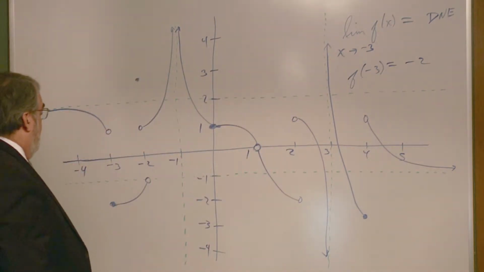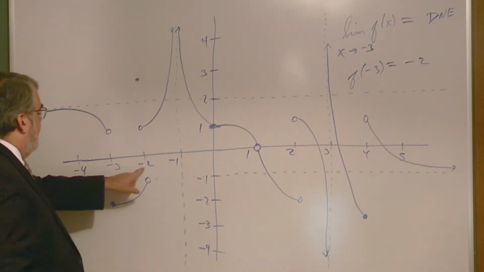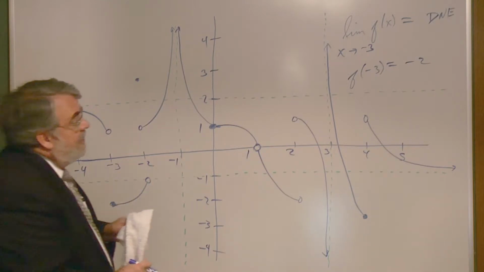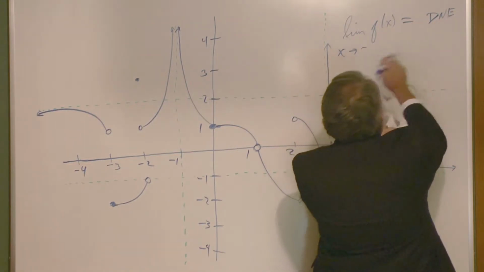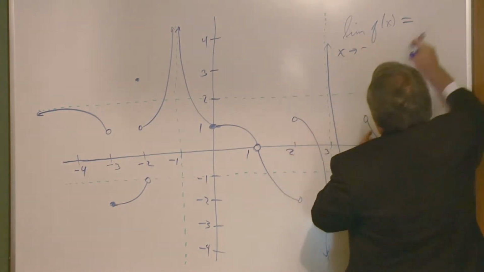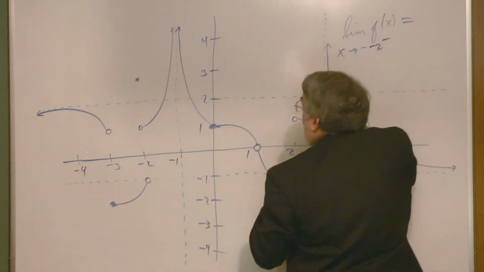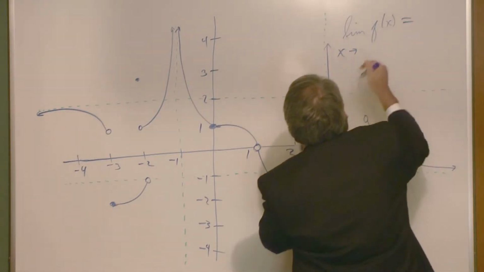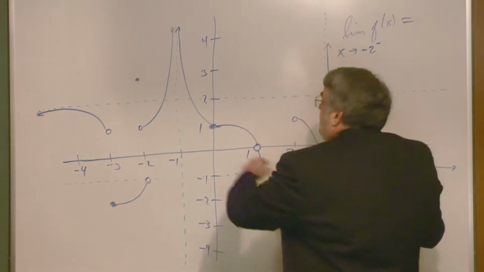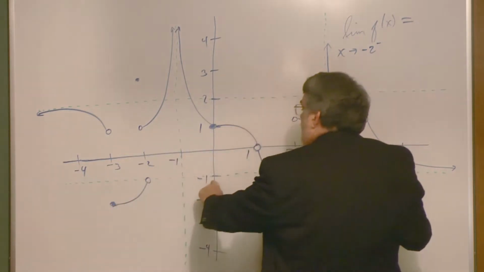Okay, let's see what happens over here as x approaches negative 2 from the left side. Minus 2 from the left side is going to be negative 1, right?